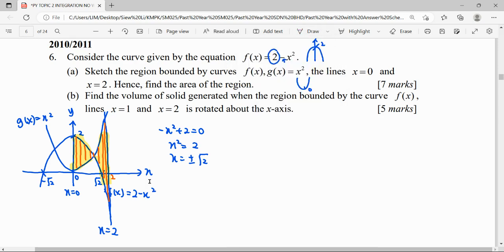Then for question A, in order to find the area, we need to find out what our intersection is first, because you can see the graph changes: here f(x) is above g(x), but after this intersection point, the graph above is g(x), beneath it is f(x). So I have to find out your intersection point.